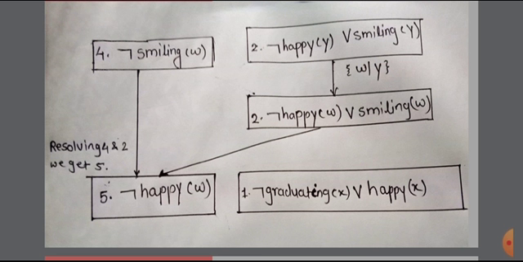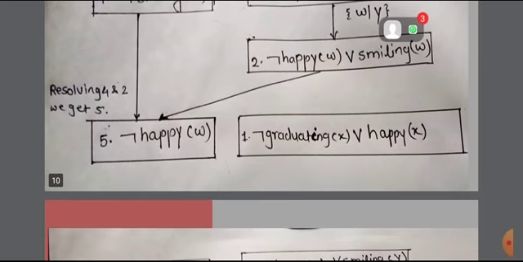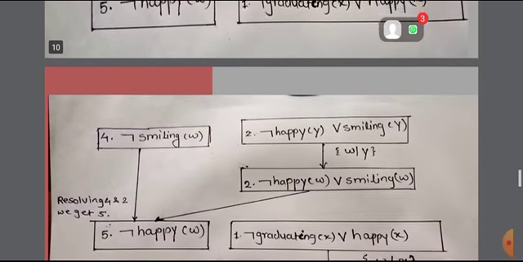In clause number 5 we have variable W with happy, and in clause number 1 we have X with graduating and happy. So again we need to unify clause 1 and 5.